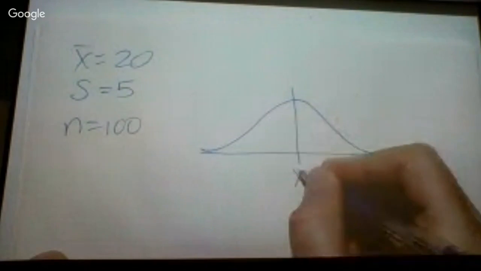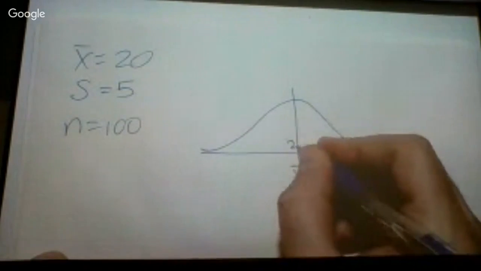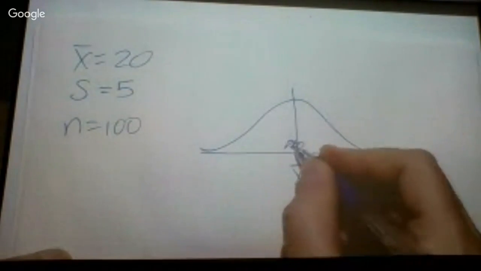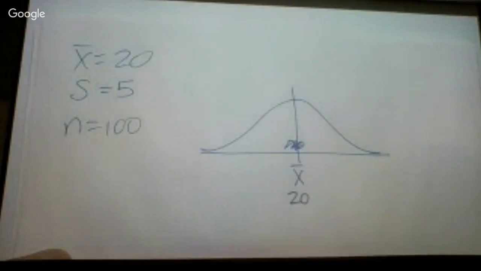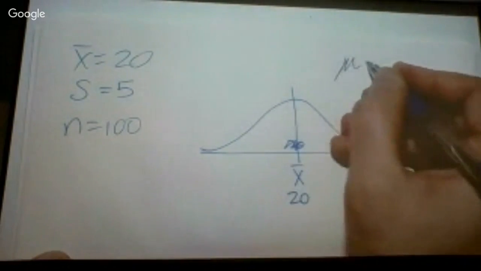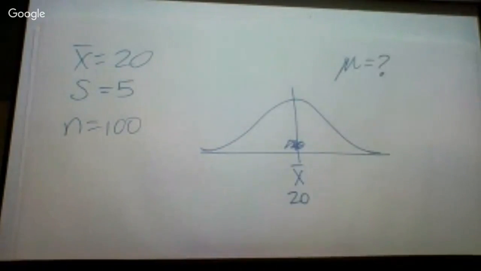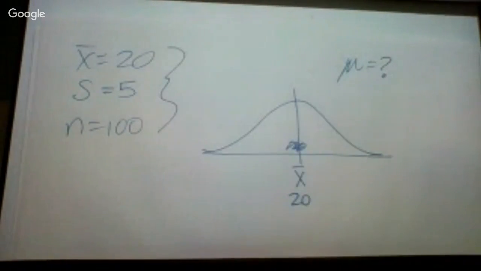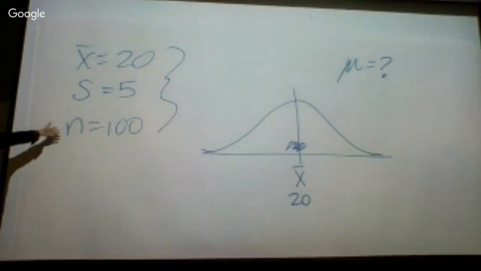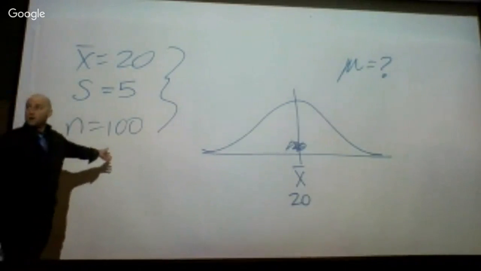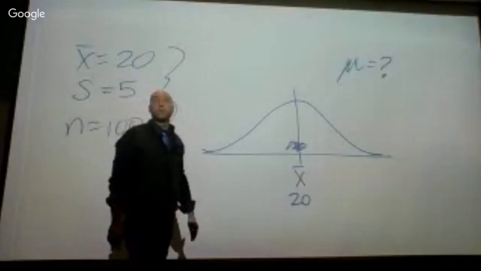But what we have now is a sample mean that's 20. And what we don't know is what mu is. But we can use how reality normally works. All of these things have one thing in common, and that's that they are observed. So we start with our observation because our goal is to make an inference about the population.